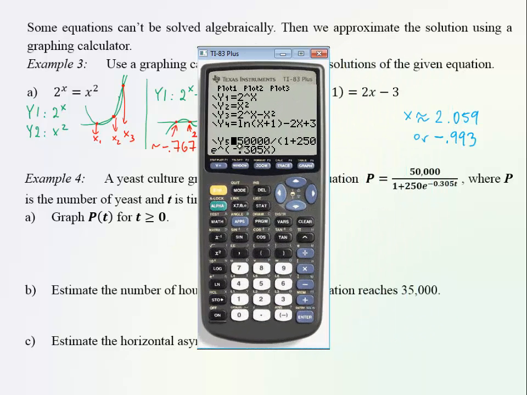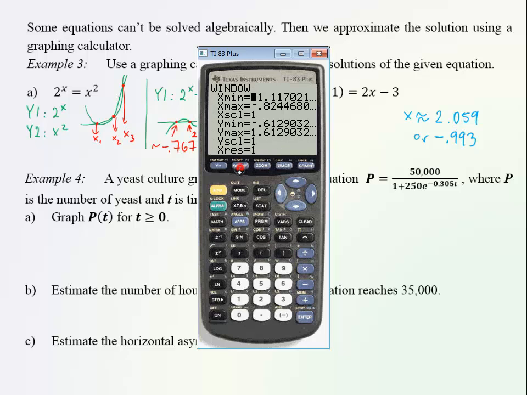Okay, we wanted to graph this logistic curve, 50,000 divided by, make sure that you use a bracket for the denominator, 1 plus 250, and then it's e to something, again, it has to be in a bracket. We can put another bracket here. So now we need to extend the window quite a bit.